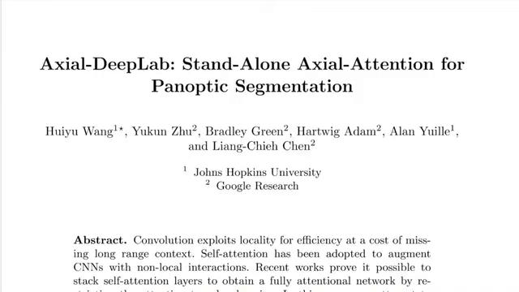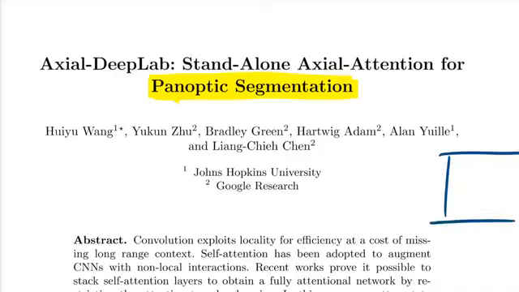So this paper combines a bunch of techniques that have been introduced recently to deal with attention in problems where you would traditionally use a convolution. In this particular case, they deal with the problem of panoptic segmentation, where you get an image with a bunch of stuff on it, like a cat here and a house right here, and you're supposed to color the pixels of the same object the same.